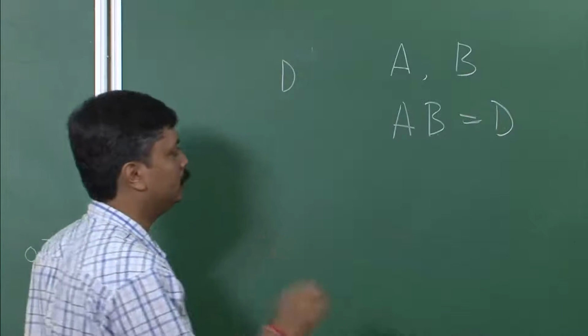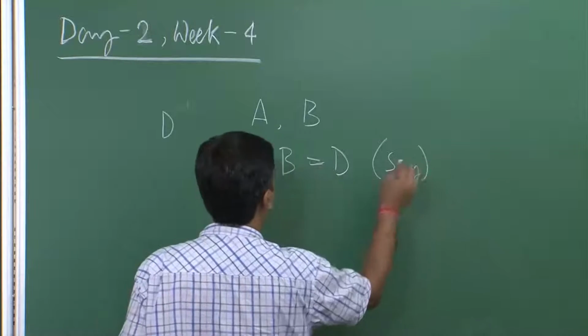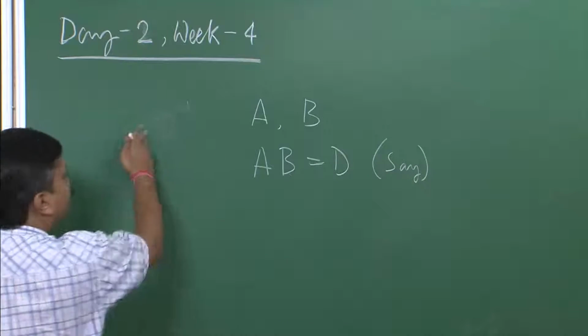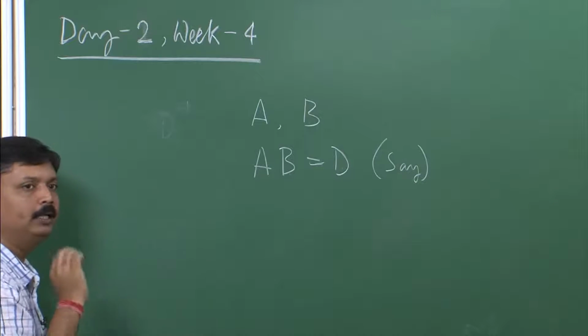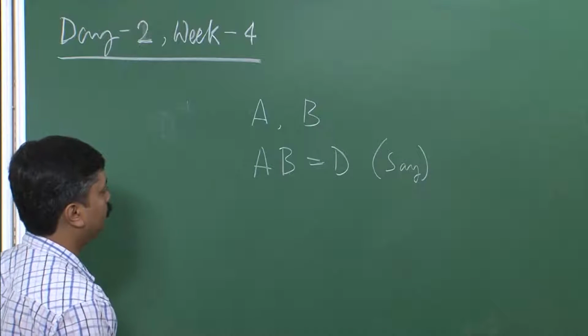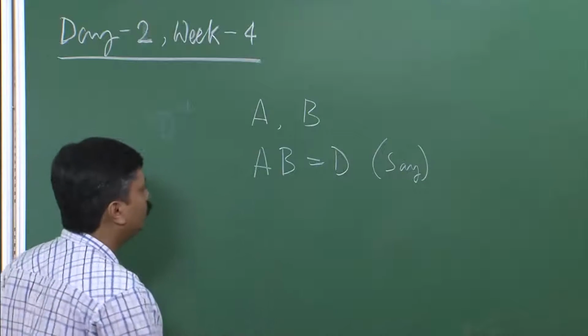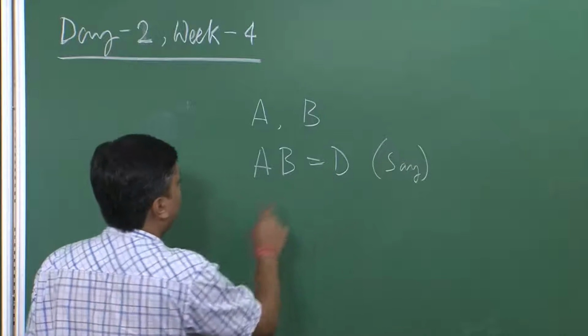Suppose I have this condition. Now I use this D to do the similarity transformation on this product.